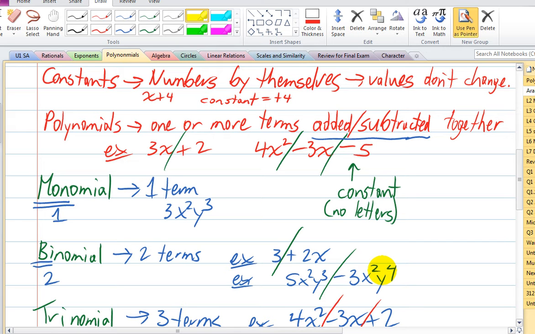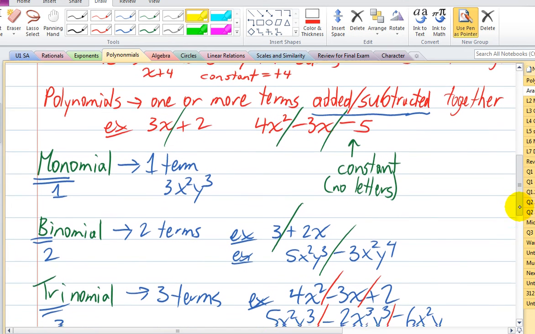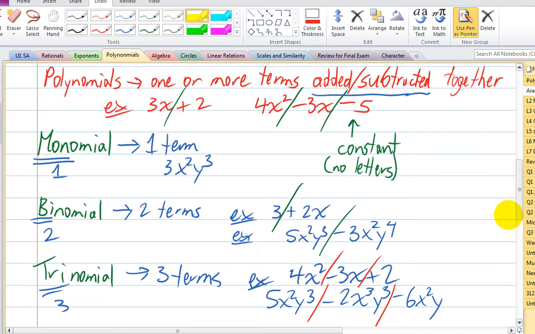Binomials have two terms. And then a trinomial, like a tricycle, has three terms. So you have 1, 2, 3 terms separated by plus or minus signs.